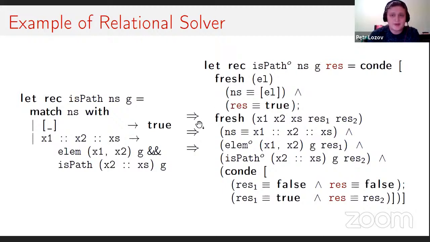We can use this relational verifier to generate all paths if we define the graph and the result and leave the path as a free variable. Moreover, we can generate a path between given vertices if we only define the starting and ending vertices in the path.